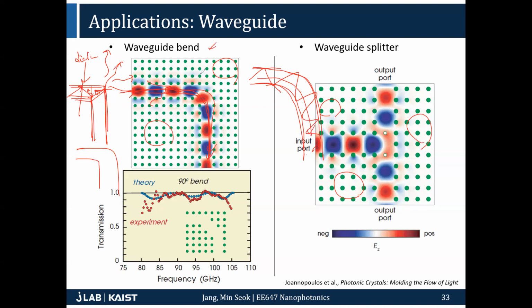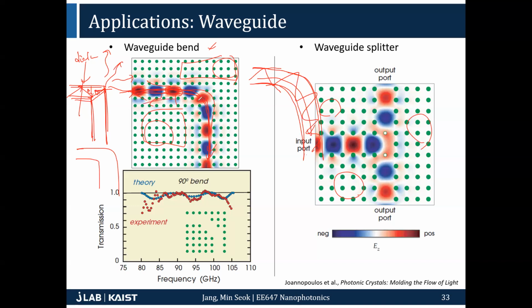And then here, in this case, the situation is a little different because this waveguide does not rely on the total internal reflection. It relies on the fact that this photonic crystal has a band gap, so there's no allowed propagating mode.